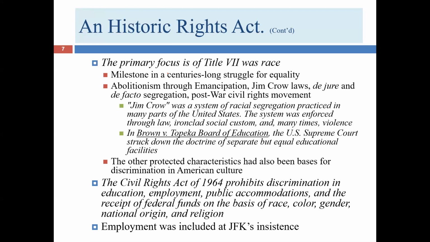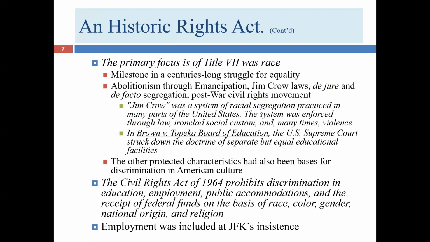Some of it was legal segregation, meaning the law actually prohibited certain levels of mixing of the different individuals and different communities. And some of it was de facto. There might not have been a law, but everybody knew if a person of that race goes into this part of town, bad things were going to happen. This system is oftentimes called Jim Crow, and that's the name for it.